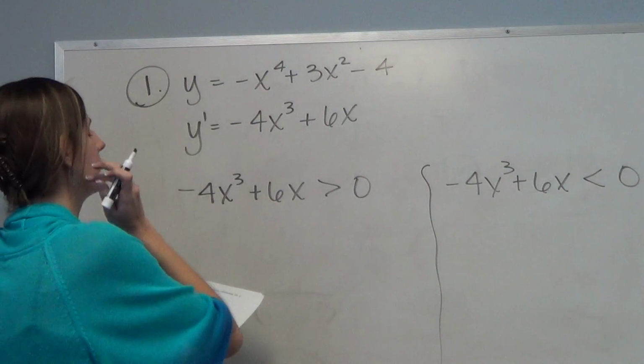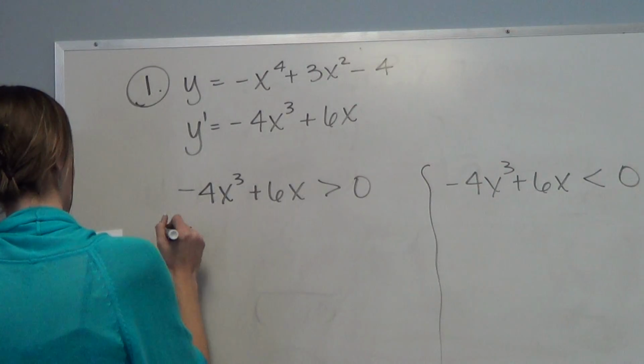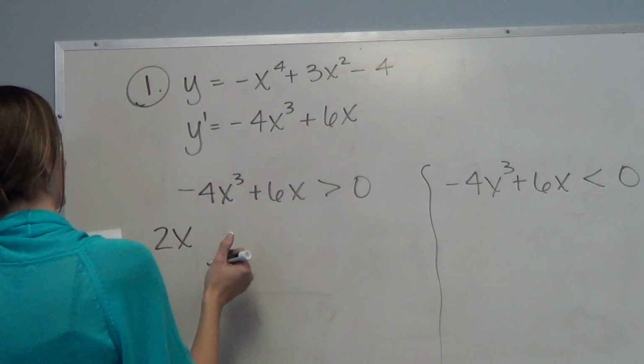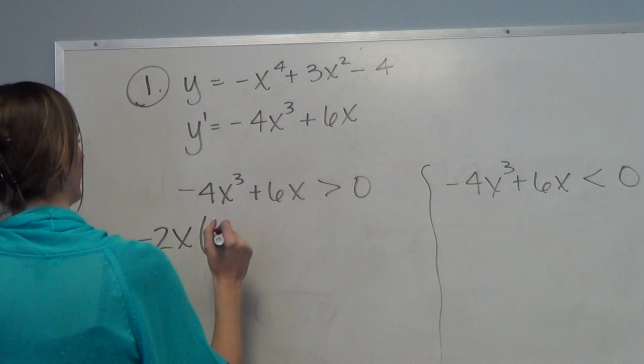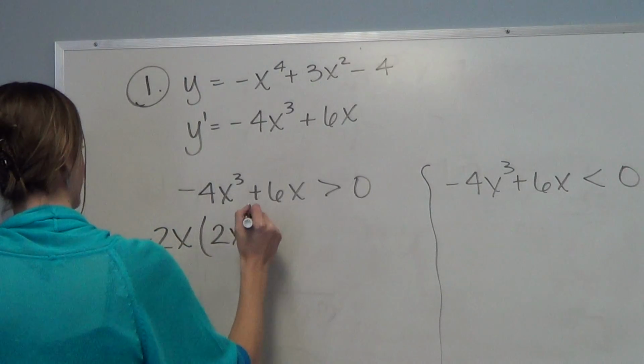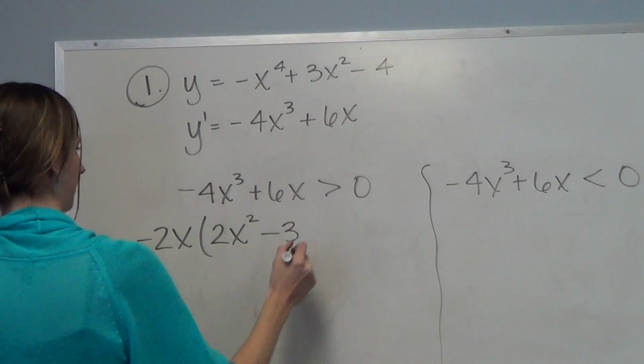So, to solve this, we probably want to factor out an x, or maybe even a 2x, or maybe a negative 2x to get rid of the leading coefficient. So we have 2x squared minus 3.